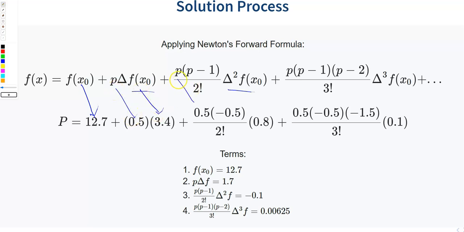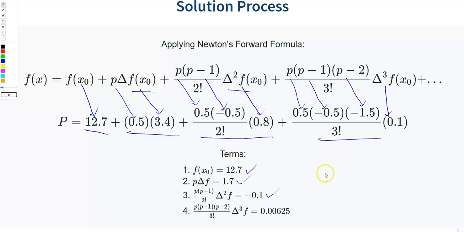Then p is again 0.5, p minus 1 is minus 0.5, and del square f is 0.8. Then p is 0.5, p minus 1 is minus 0.5, p minus 2 is minus 1.5, and del cube is 0.1. The first term is 12.7, the second term gives 1.7, the third term gives minus 0.1, and the fourth term gives 0.00625.